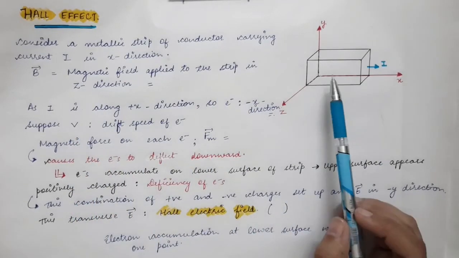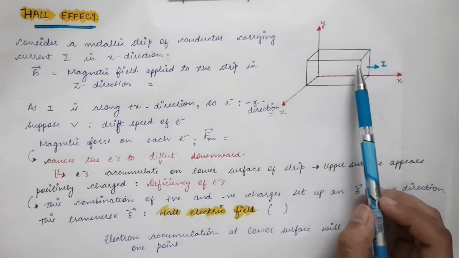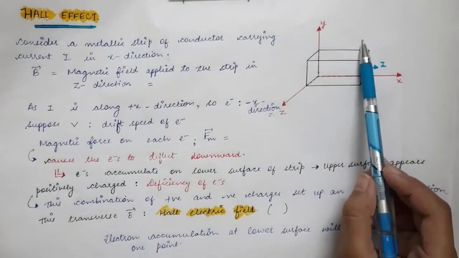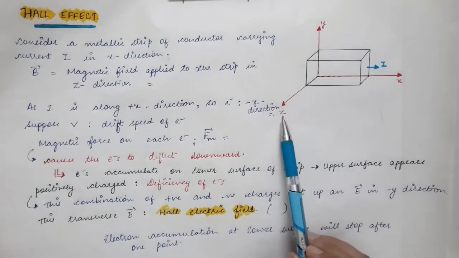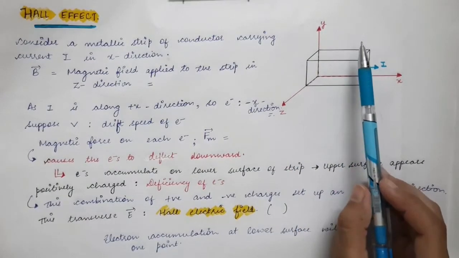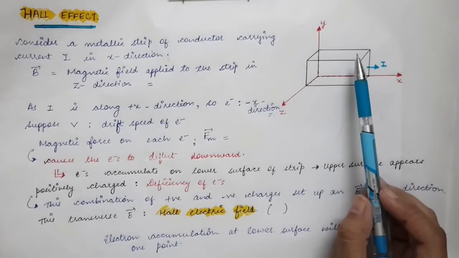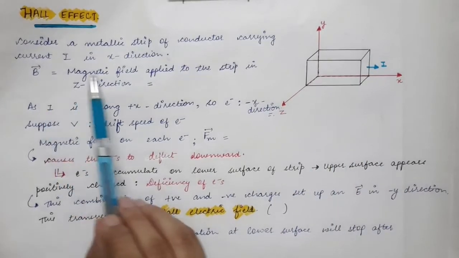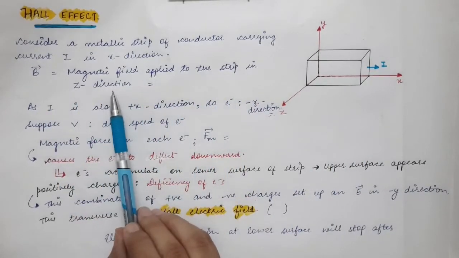So the magnetic field applied on this strip is along the plus z-axis direction, which means the magnetic field lines are coming out of the paper. The magnetic field is applied to the strip in the z direction.